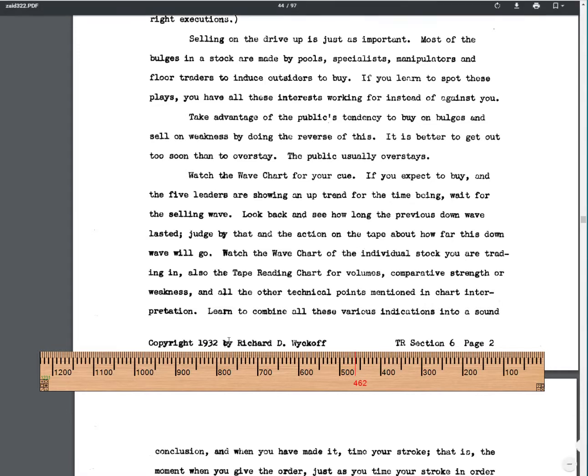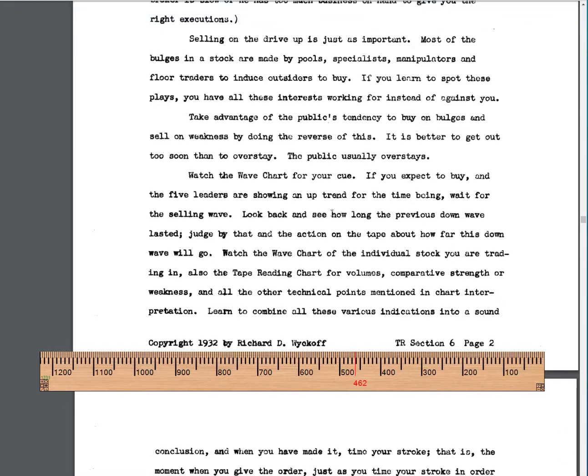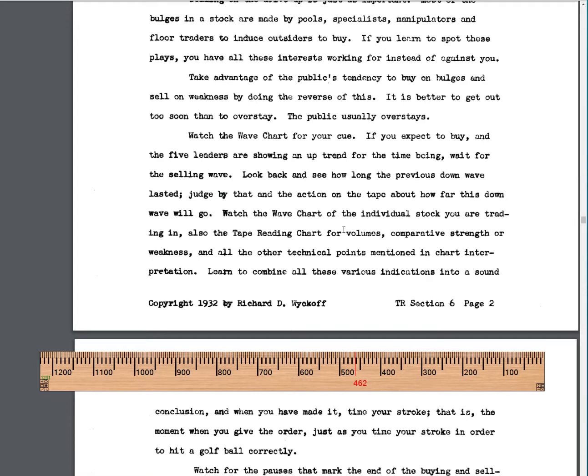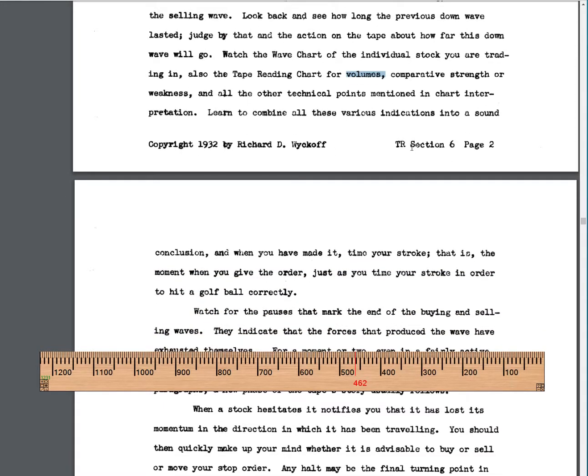The closest data you have is the prior rally and prior pullback, in terms of both price and time. Look back and see how long the down wave lasted. When you're looking at the tape reading chart, your focus will be on volume and comparative strength, or predominantly volume.